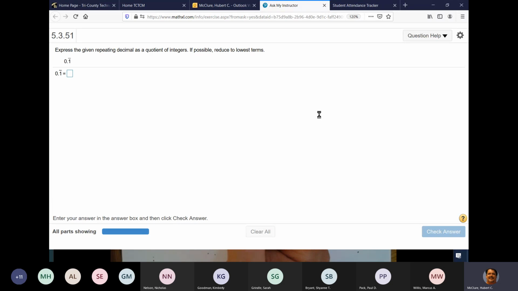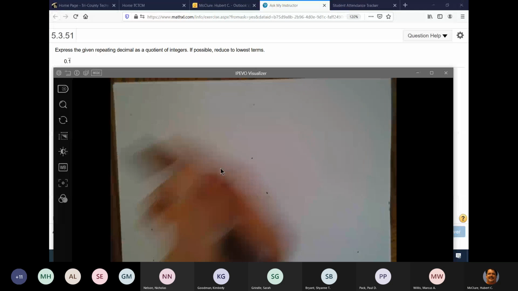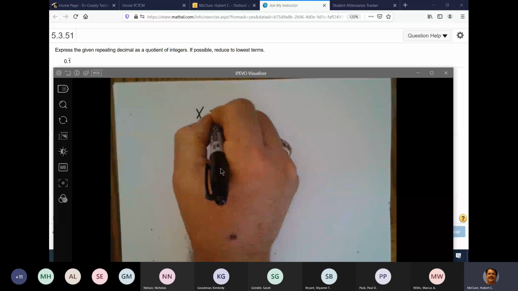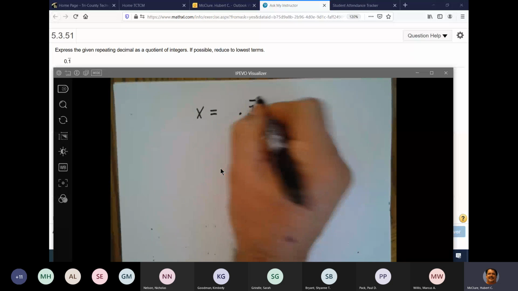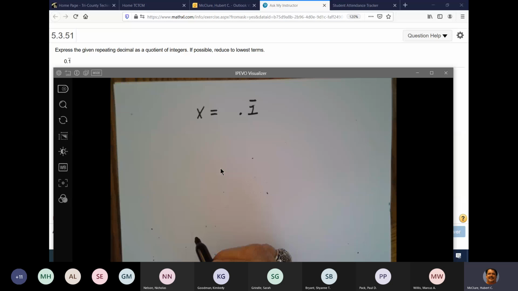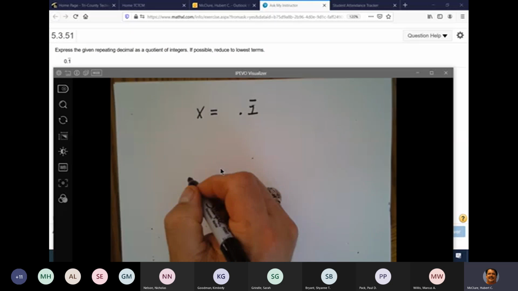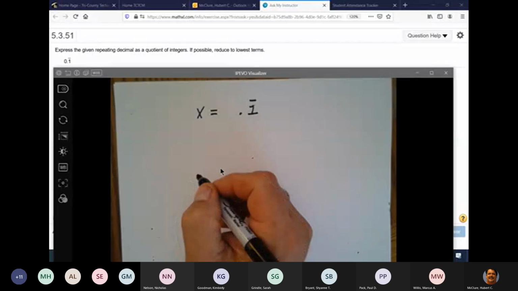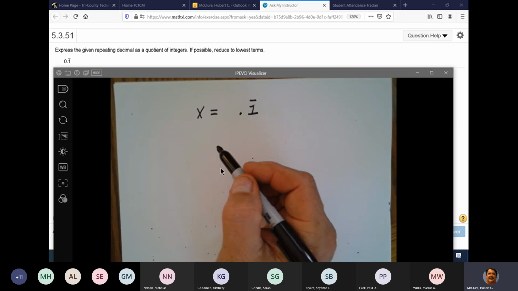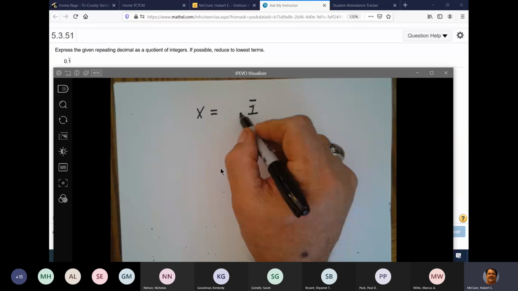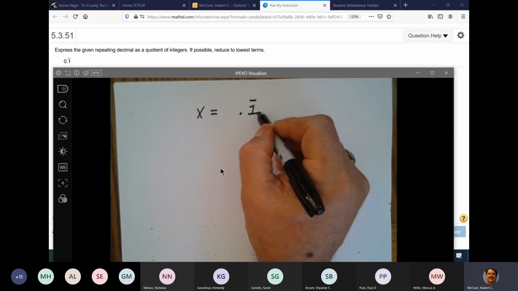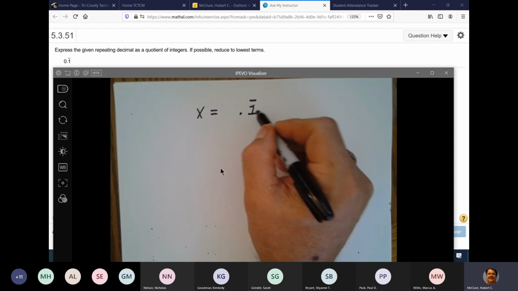But first thing you do is you say x is equal to 0.1 repeating. That's the first thing you do. All I did was put an x in front of it. Now I'm going to multiply this by 10, and I get 1.1 repeating.